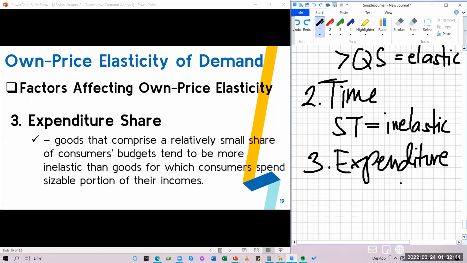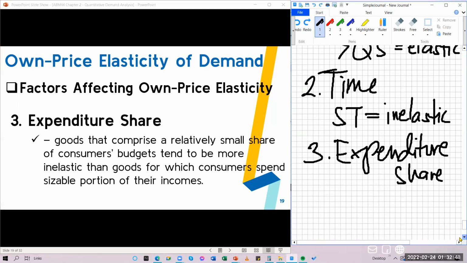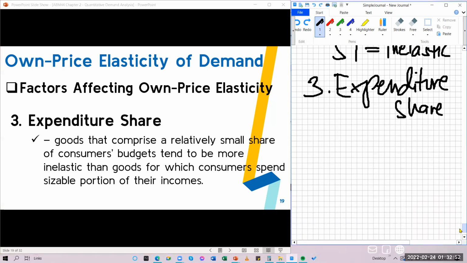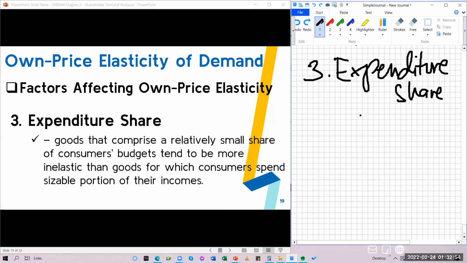For example, out of your expenditure share, you have at least 10%: 5% for grocery, food at home, then the rest 5% for snacks. So probably that is how you budget your income. So that is expenditure share.